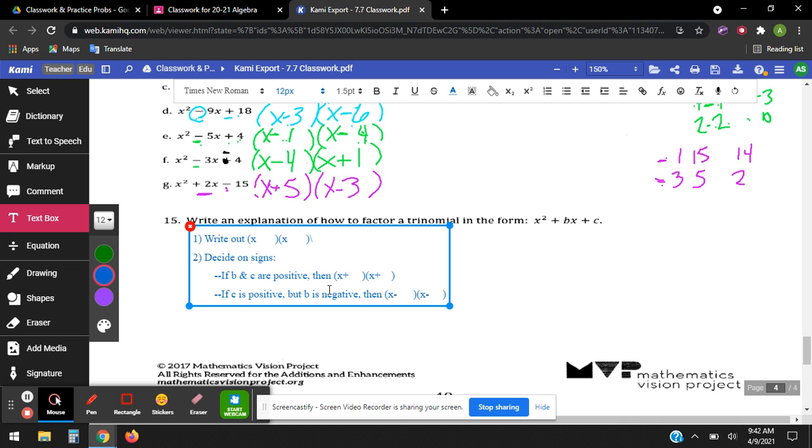C is positive back here, but B is negative. We know we've got both negative. And if C is negative, then you know it's one of each.